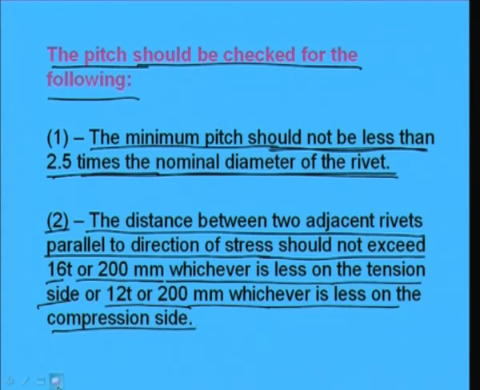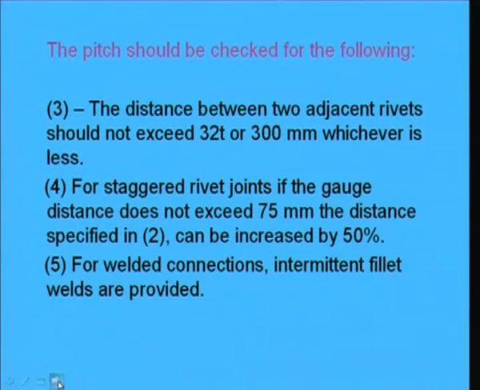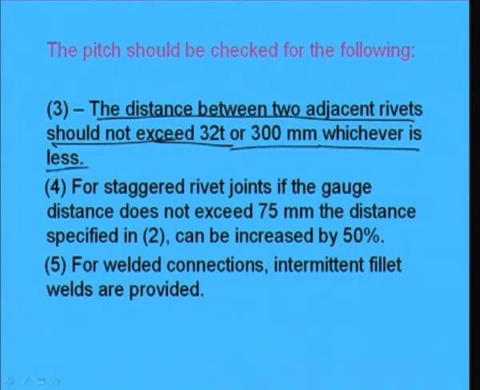What are the other codal provisions? The distance between two adjacent rivets should not exceed 32 T or 300 mm, whichever is less.